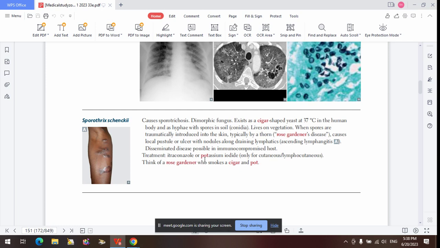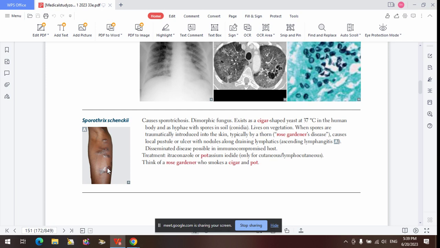One thing about this infection is that once it starts at one area of the skin, it can disseminate and travel to other areas, but it follows the path of the lymphatics. Once you see that in the question, you know that that is Sporothrix schenckii, especially following injury from a rose.